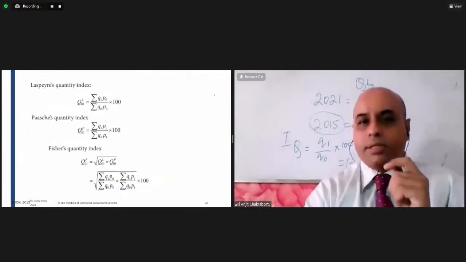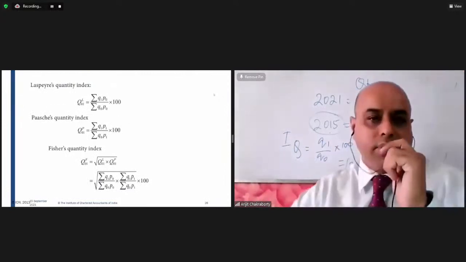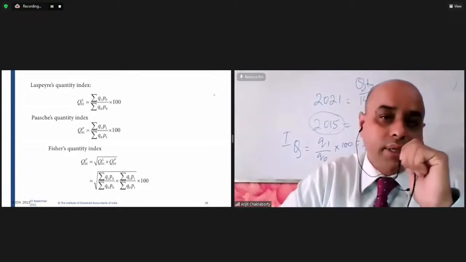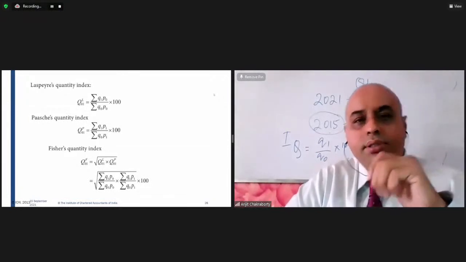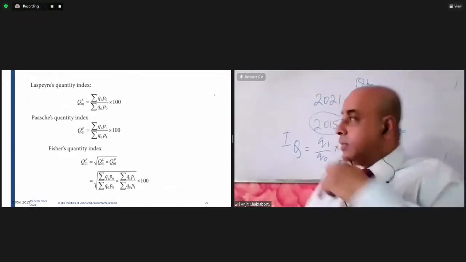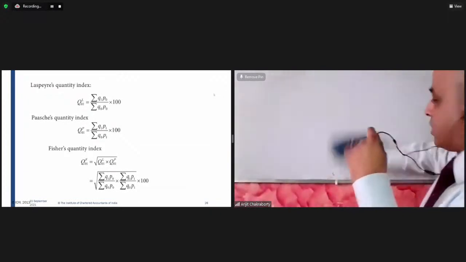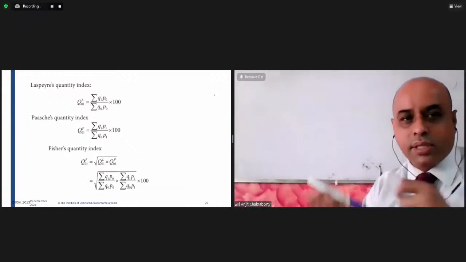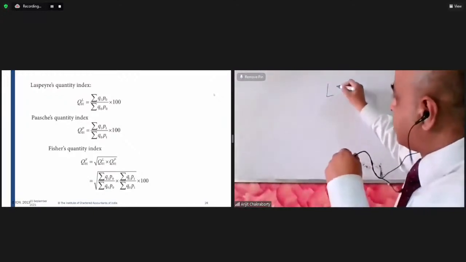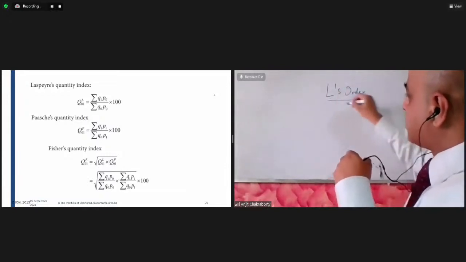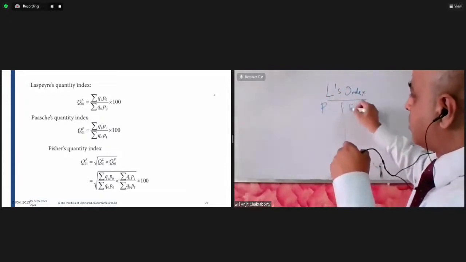Now, similarly, we can use the last period's index numbers to find the quantity index number. Here what happens is just the opposite. I am taking the example of last period's index so that you understand the difference. Now I am writing Laspeyres' index, and I am dividing it into price and quantity.